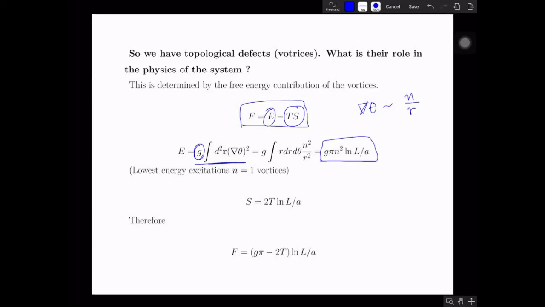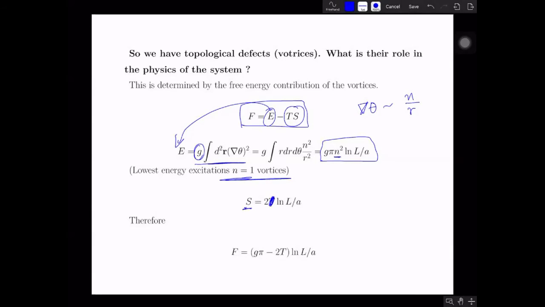The lowest energy cost is of course n equal to 0, where there is no cost because there are no vortices, but we are interested in the contribution from the vortices, and the lowest energy contribution is from n equal to 1 vortices. So that's the contribution to E.